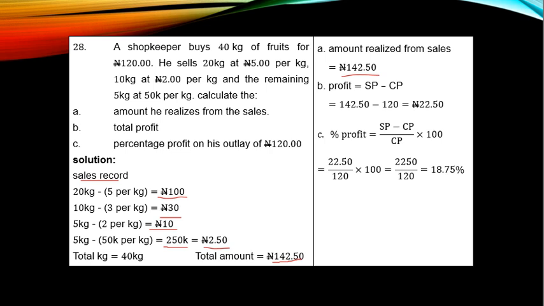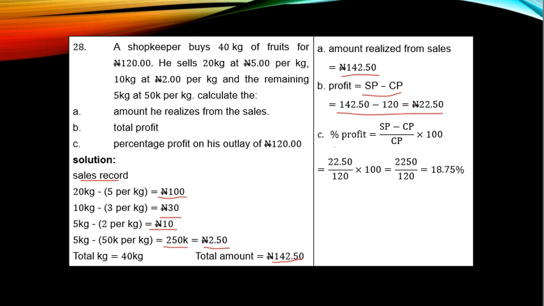That means he made a profit. So profit is selling price minus cost price, and that is 142 naira 50 kobo minus 120, and that is 22 naira 50 kobo as the profit made.